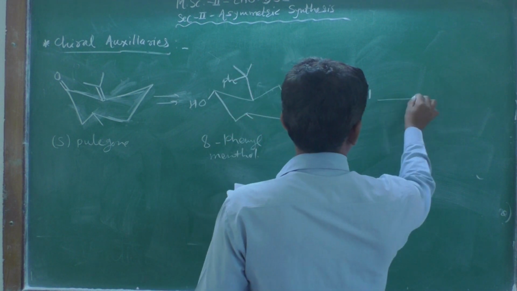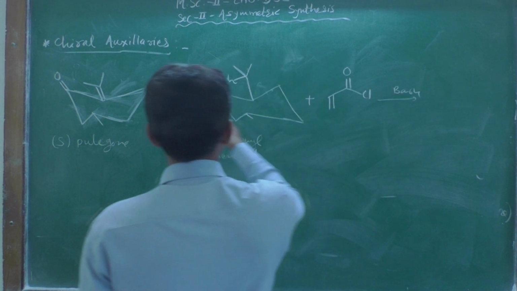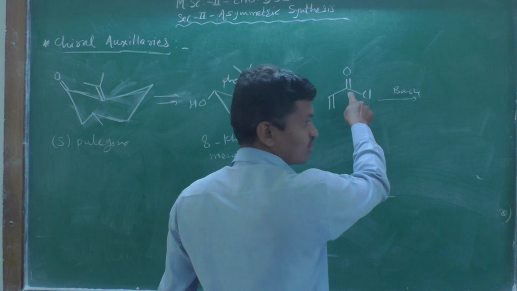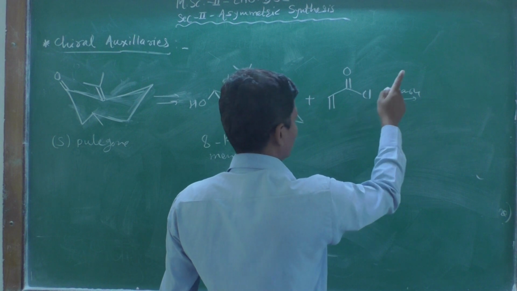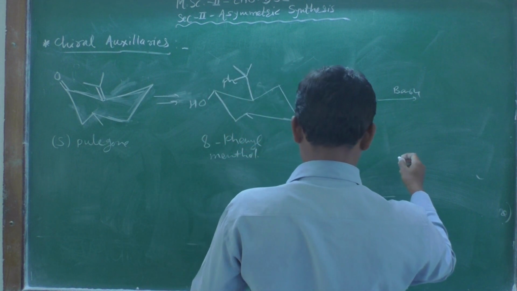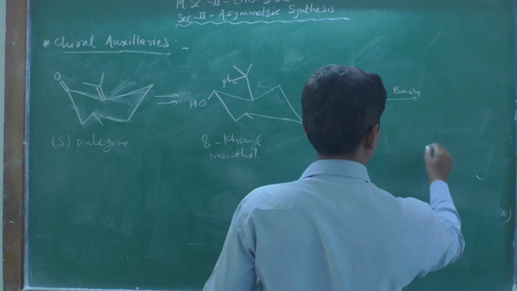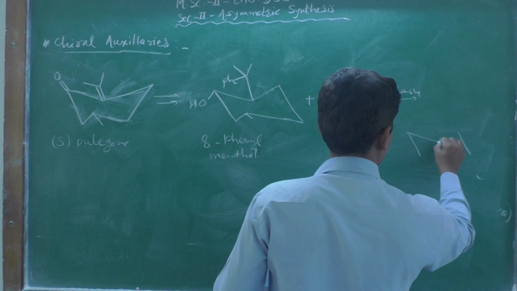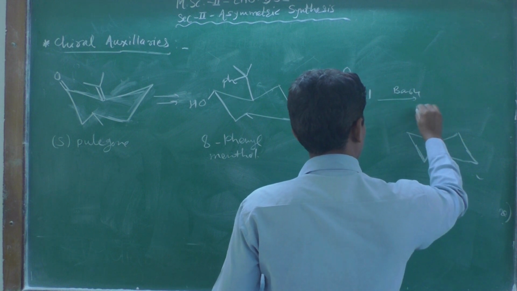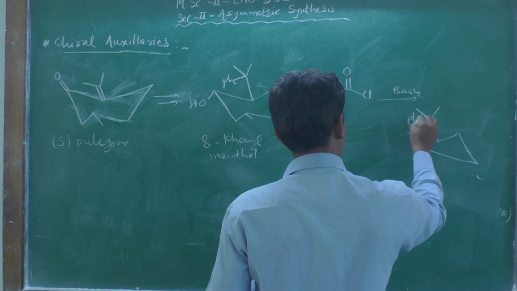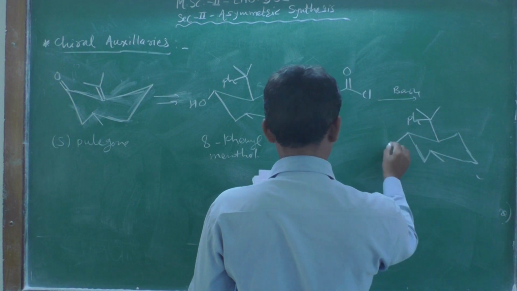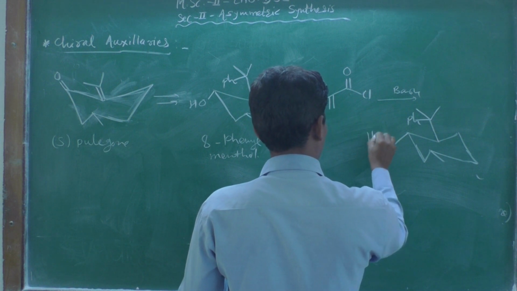by using a base, the base will abstract this acidic proton. There is a formation of O minus, and this O minus will attack this carbonyl group. Cl will be the leaving group, and there is a formation of an ester, that is an OCO linkage will be there. And the structure will be like this: dimethylphenyl, then O, here the methyl group as it is, OCO.